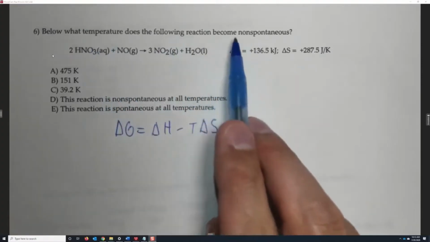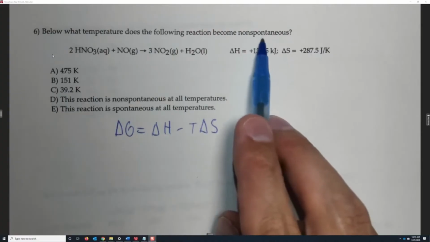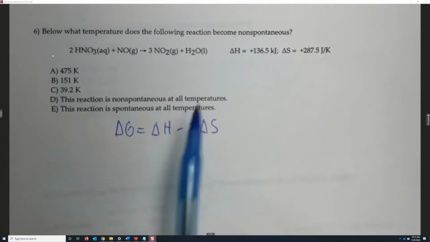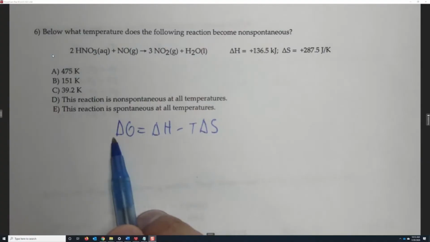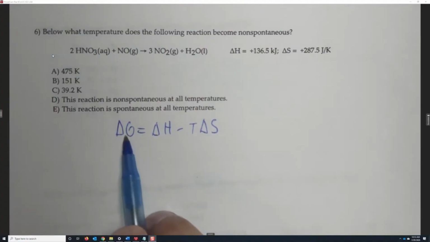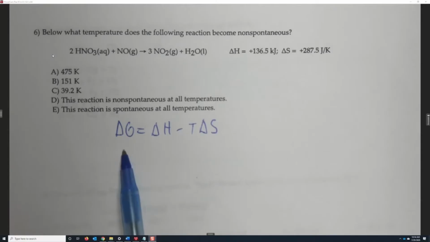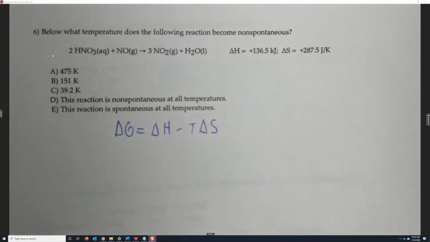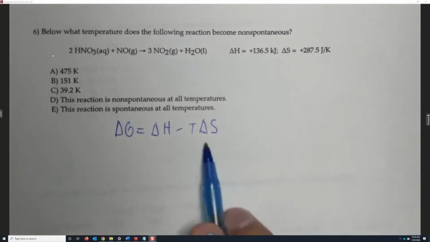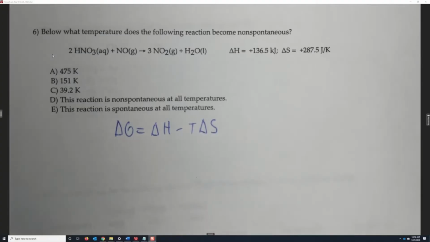But we need to know when it becomes non-spontaneous. When delta G is a positive value, it's non-spontaneous. When delta G is a negative value, it is spontaneous. So if we set delta G equal to 0, the point between positive and negative, we can find the temperature where it flips between spontaneous and non-spontaneous.